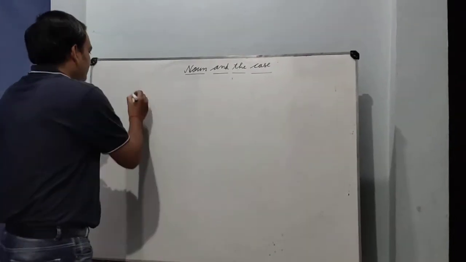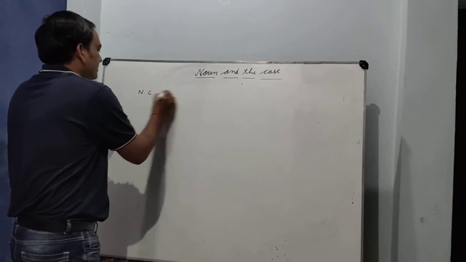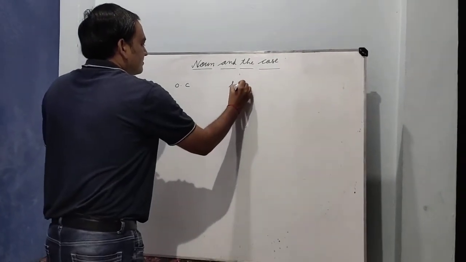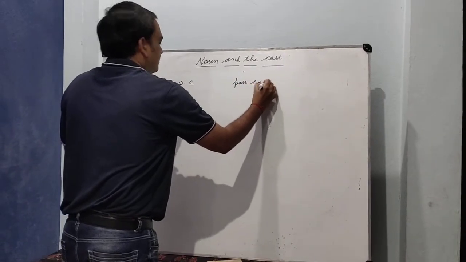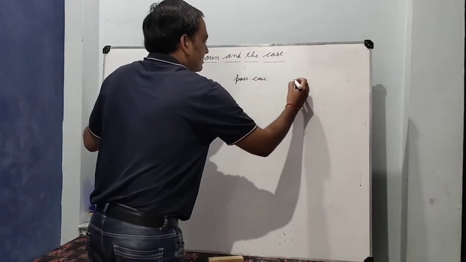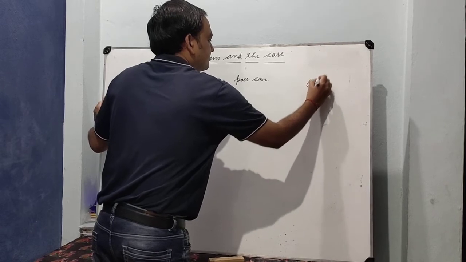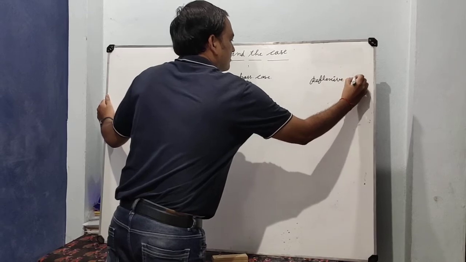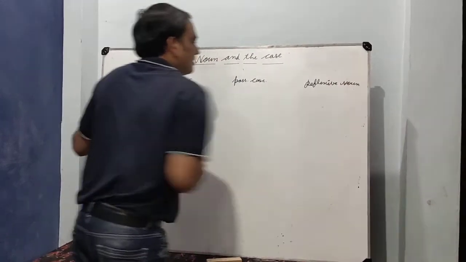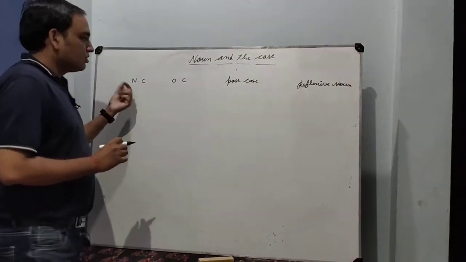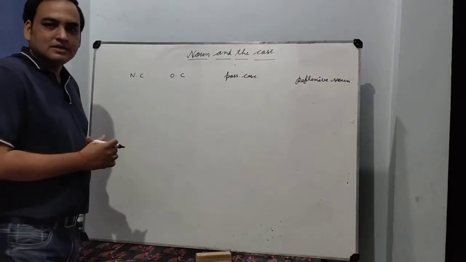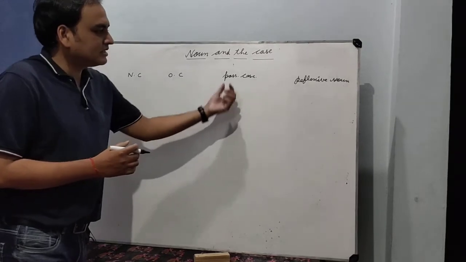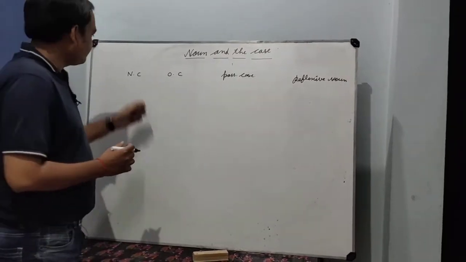First I will start here from nominative case, then objective case, then possessive case, and in the last is reflexive noun. So we will discuss here the various subject, object, and the cases, possessive and all others.